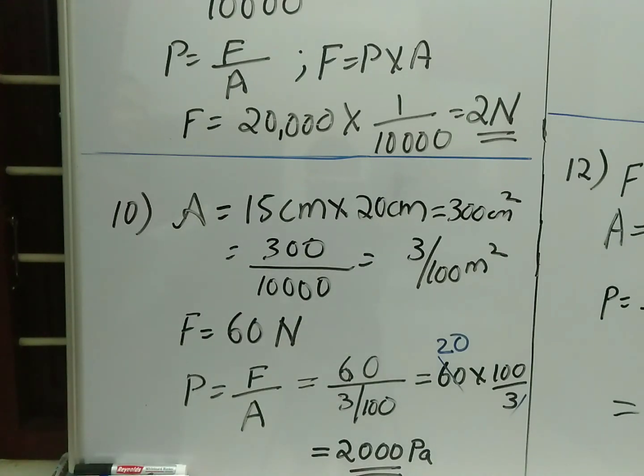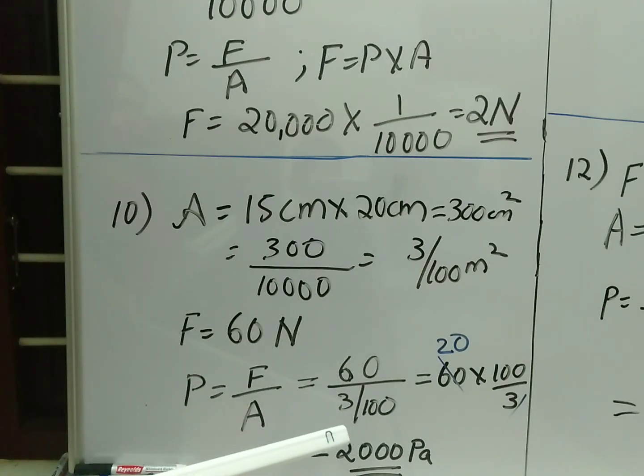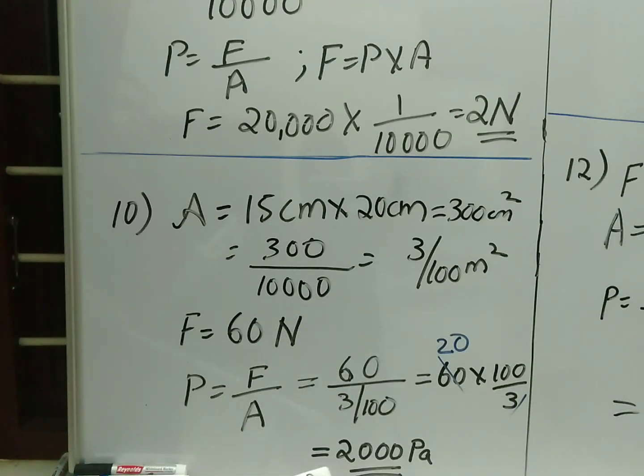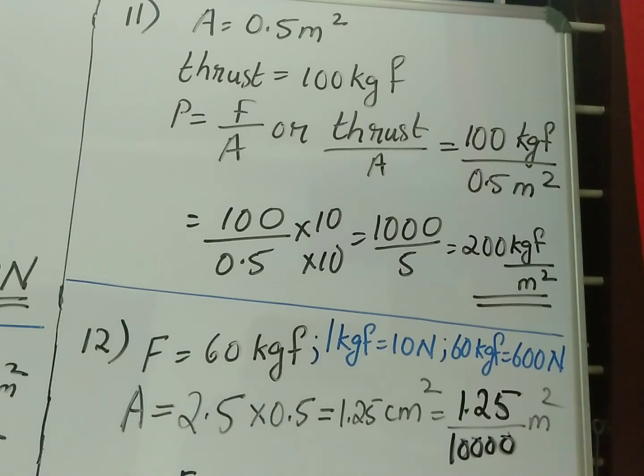You will get 3 by 100 meter square. Force is given as 60 Newton. We have to find the pressure. Pressure is equal to force by area. 60 by 3 by 100. So you will take the reciprocal: 60 into 100 by 3. 60 and 3 will get cancelled. You will get 20. 20 into 100, 2000 Pascal.